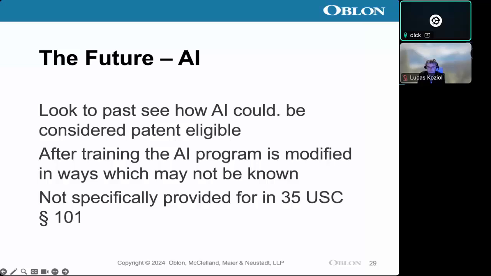Now, the problem with AI is, how do I describe it once your program's been trained, and sometimes they're trained on hundreds of thousands of pieces of information, and certainly if you're training an autopilot, you're trying to make sure that it doesn't do what Tesla's autopilot did and drive into emergency vehicles.